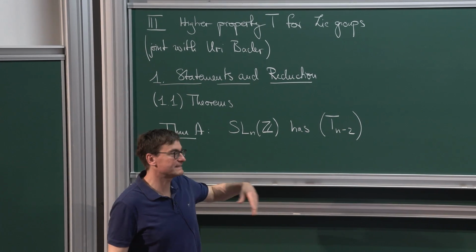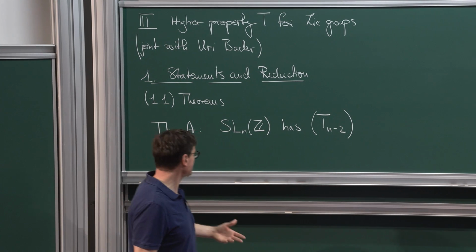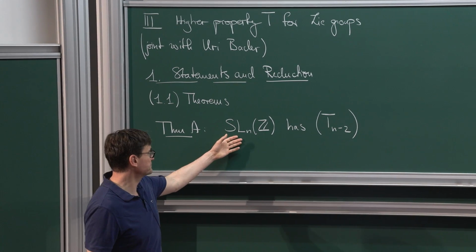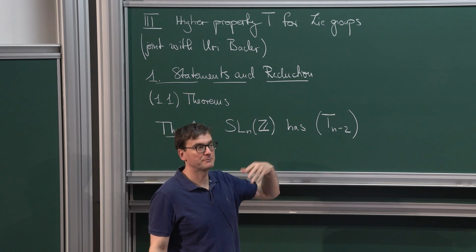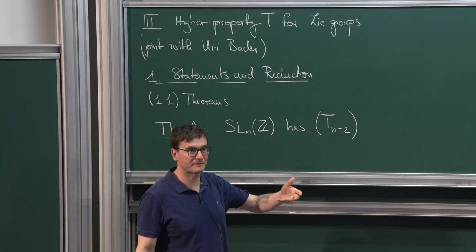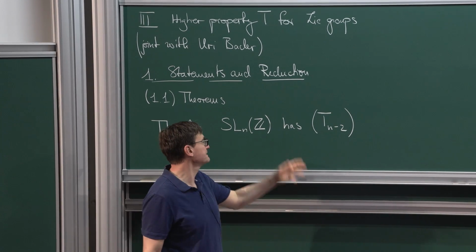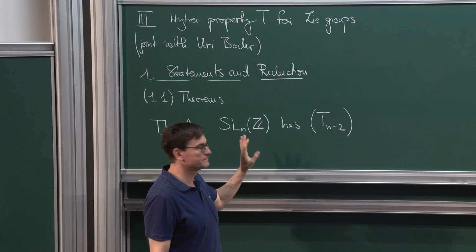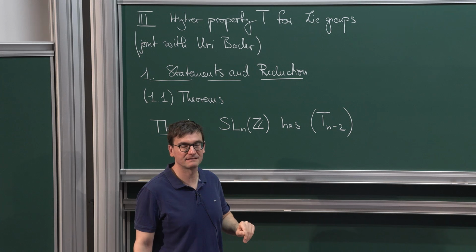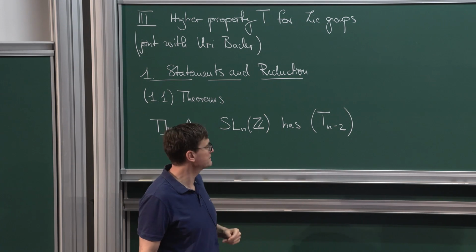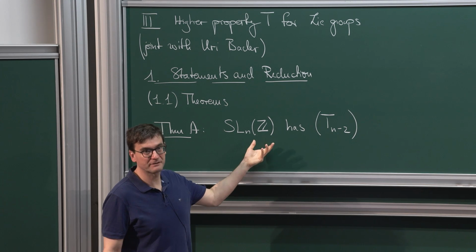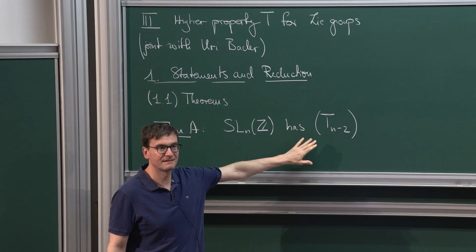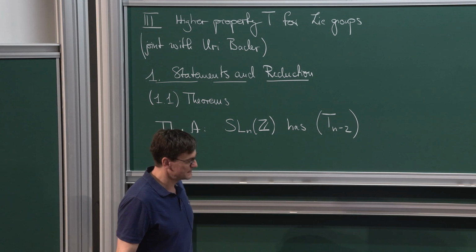So this means that if you look at the cohomology of that group in degrees up to n-2, and you plug in as coefficients the unitary representations without invariant vectors, then it will be 0. But that group, and we'll talk about this a little bit in the next lecture tomorrow, will have interesting cohomology with the trivial coefficients. So that's the best you can hope for.